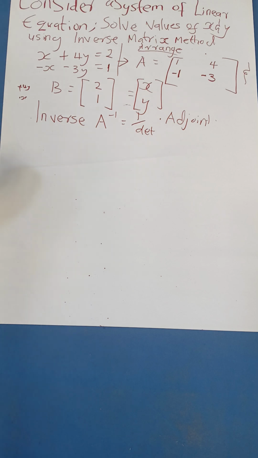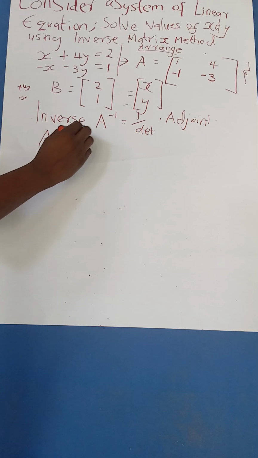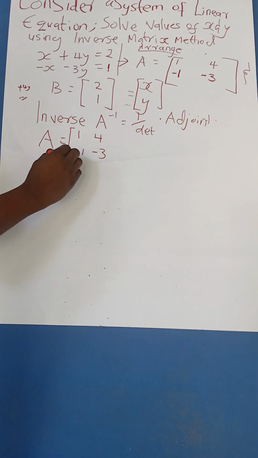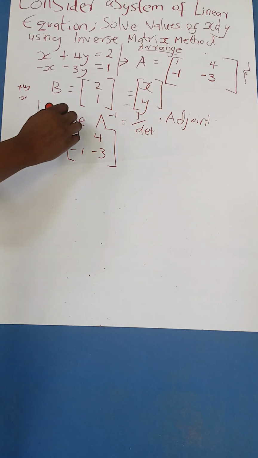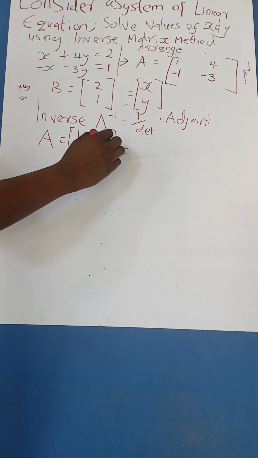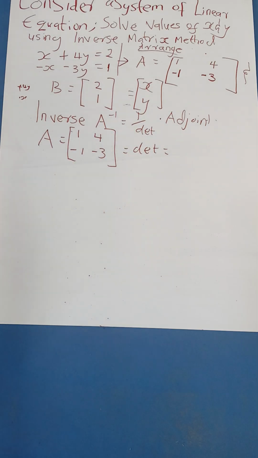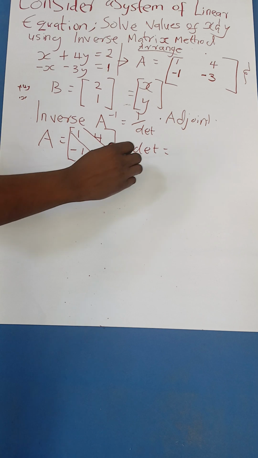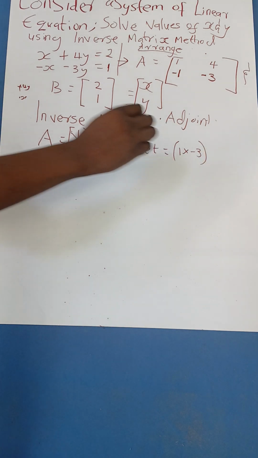Now, our matrix A here is 1, 4, -1, -3. To get the determinant, as I said in the last video, you multiply the major diagonal, which is 1 and -3. You multiply 1 by -3, close the bracket.